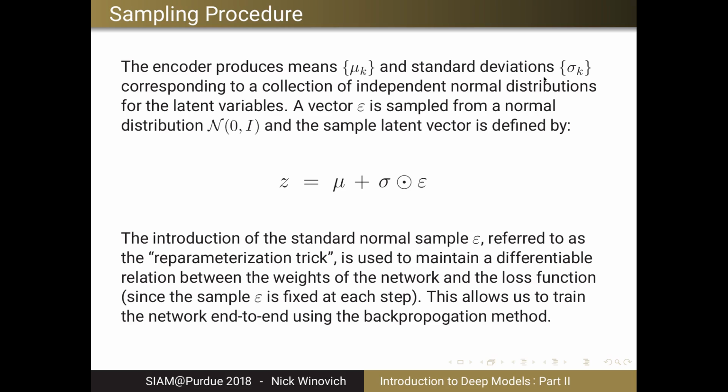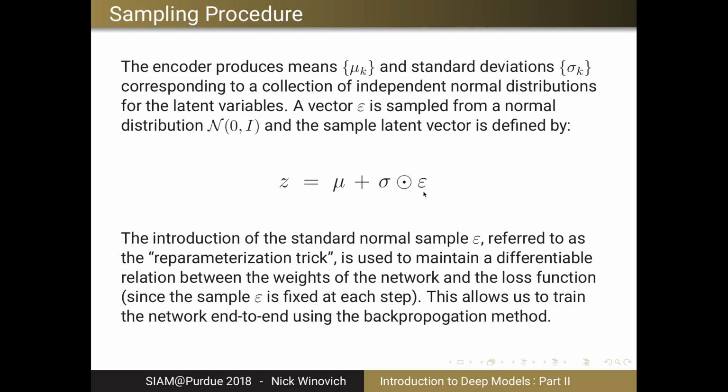But these standard deviations are scaled by that noise vector, and this gives us the same result as sampling from a normal distribution with mean mu and a diagonal covariance matrix with sigma along the diagonal. So mu and sigma are still used here, but the randomness is contained in this epsilon.